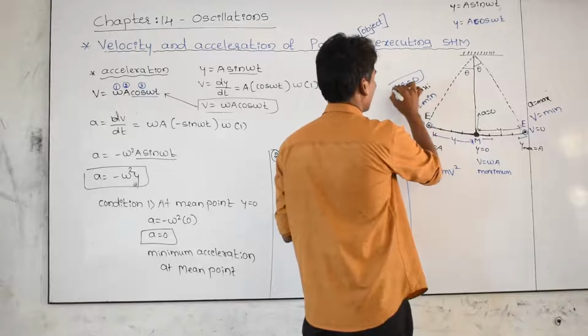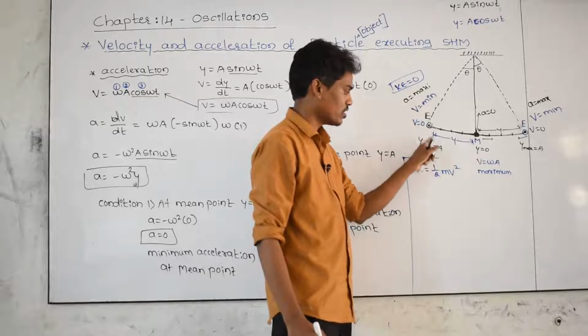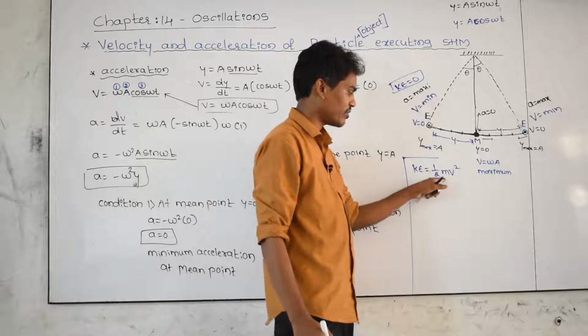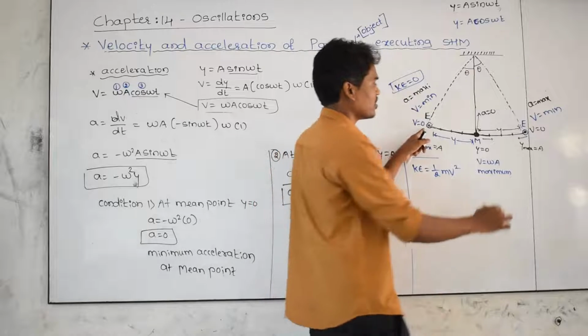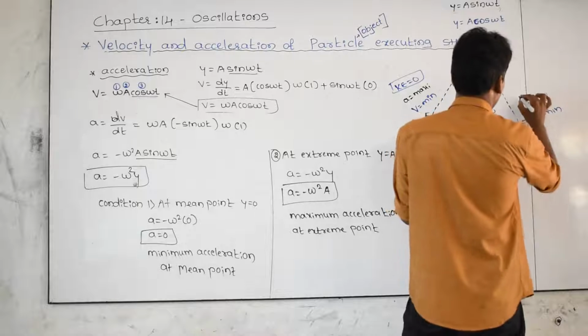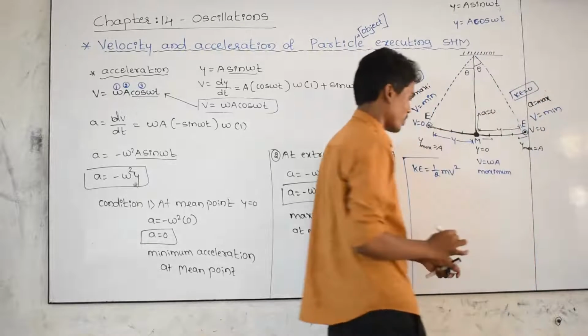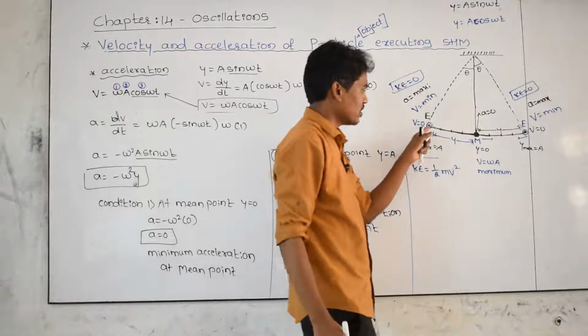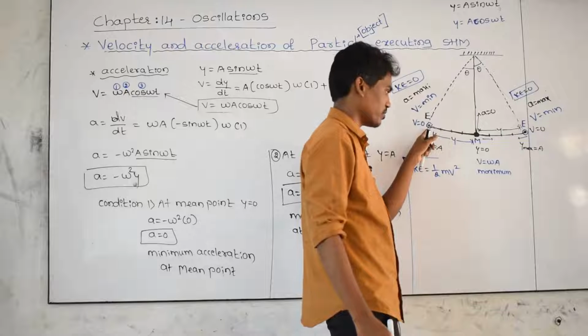Why? Because velocity at this point is 0. At this point kinetic energy is 0, and again at this point kinetic energy is equal to 0. Kinetic energy is 0 here, which means potential energy is maximum.